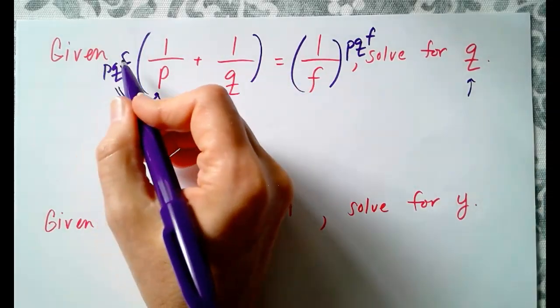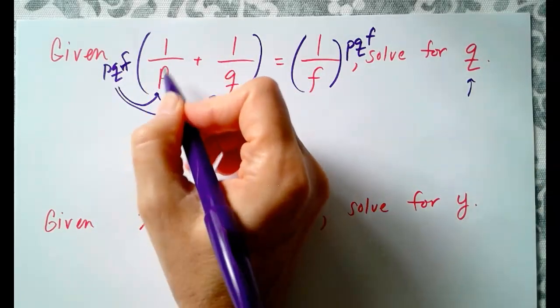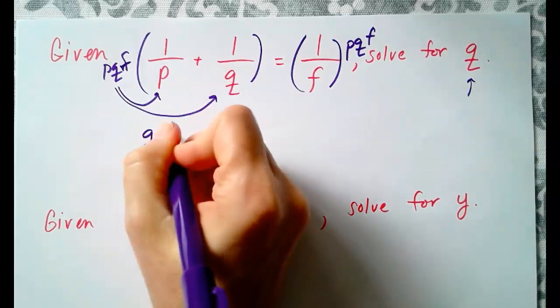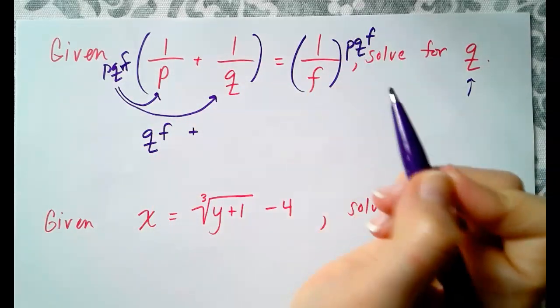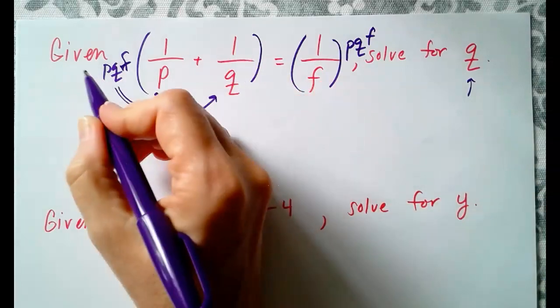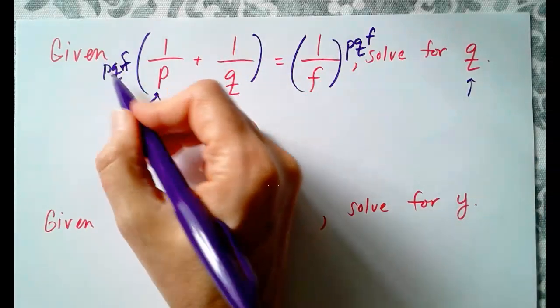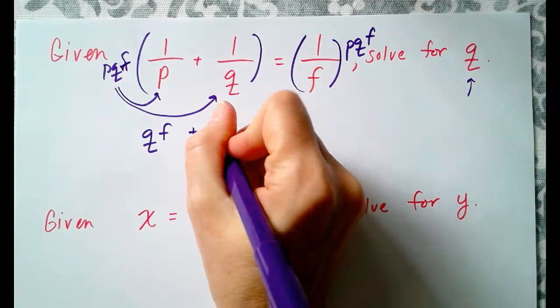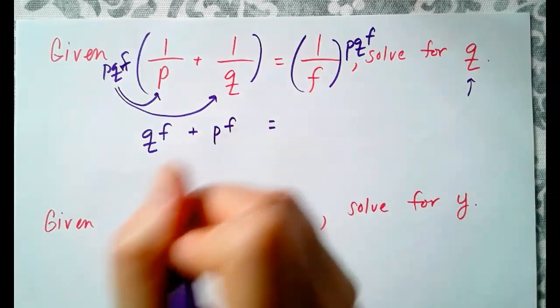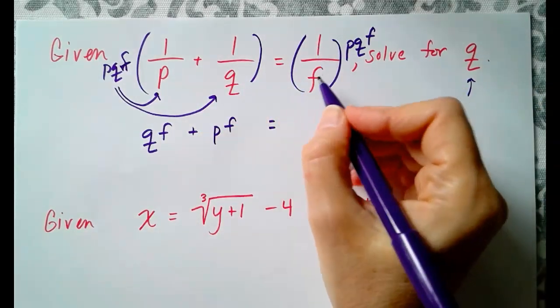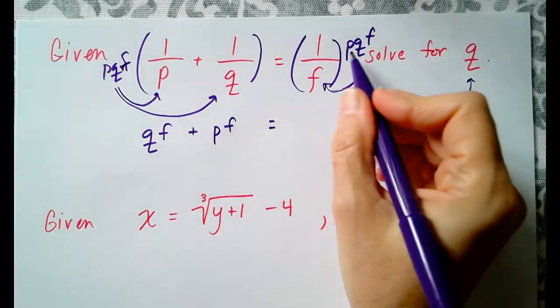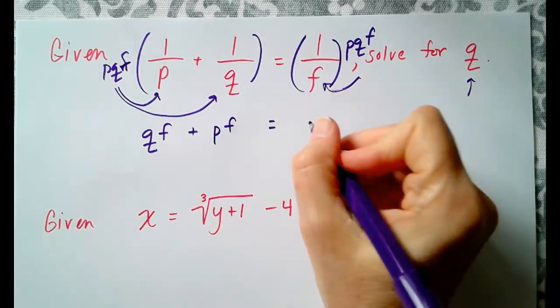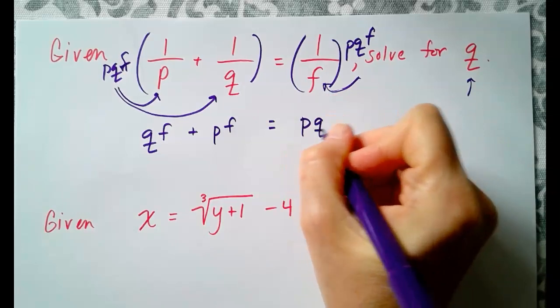So PQF times 1 over P, the P's cancel, we're left with QF. 1 over Q times PQF, the Q's cancel, and we're left with PF. 1 over F times PQF, the F's cancel, and we're left with PQ.